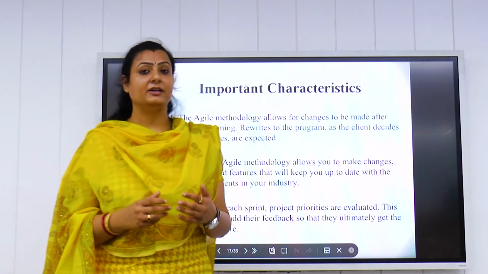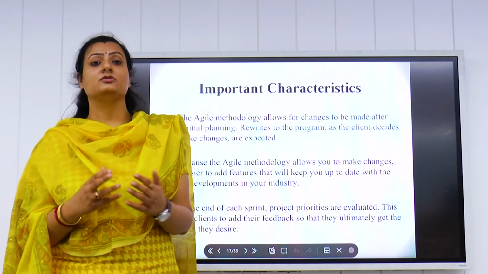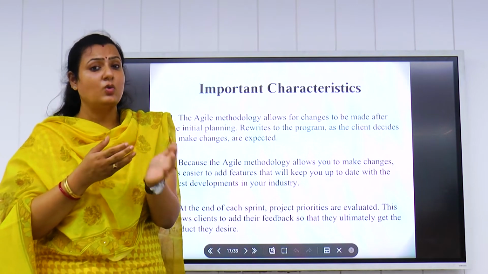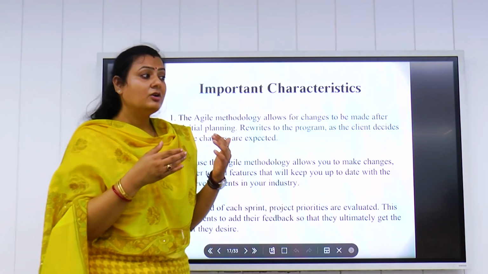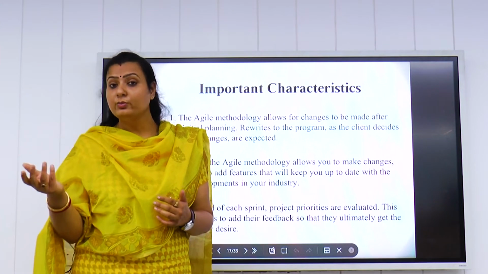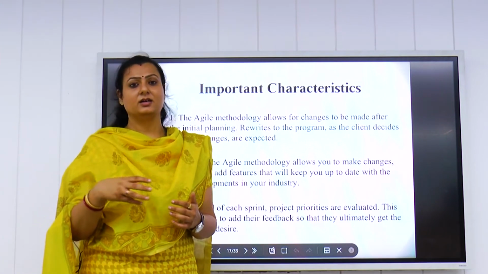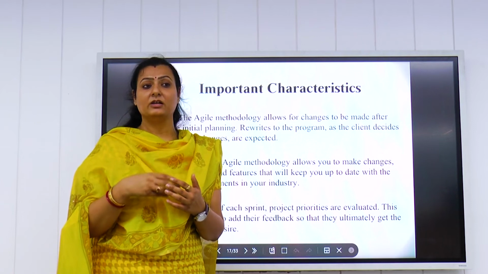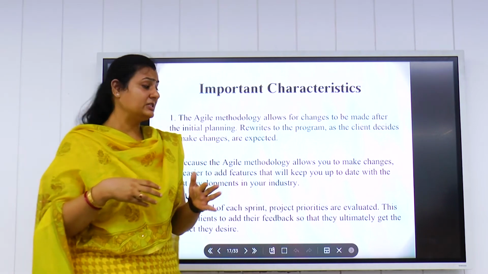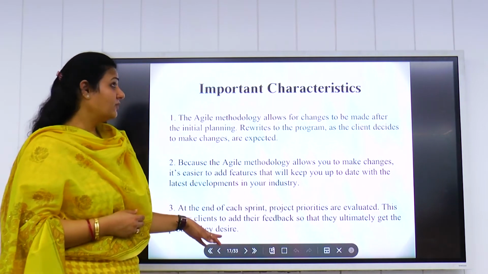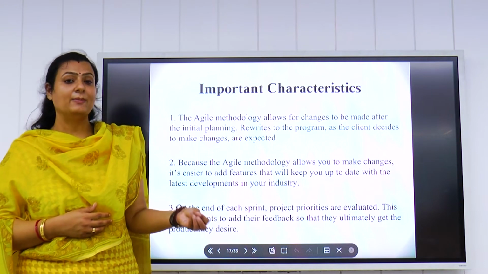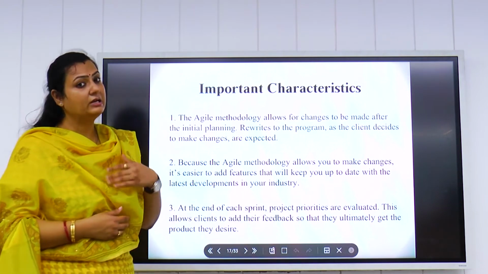We invite clients to come to our end and check, after 2 or 3 weeks, what we have actually developed as per the requirements. If they are not comfortable with the development and the output of the product, they are welcome to tell us the changes we have to make, and we implement and incorporate this kind of feedback and the features in the product to make it more effective.